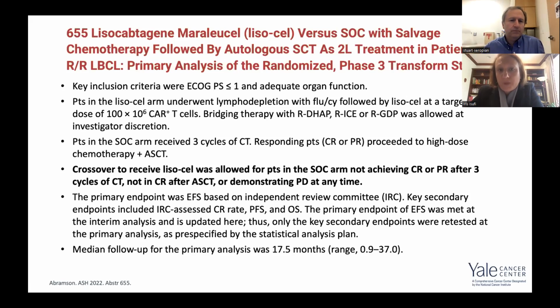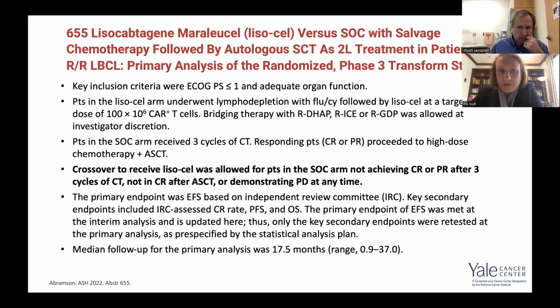And this has already been approved in the third-line setting, and more recently also in the second-line setting for diffuse large B-cell lymphoma. So here they presented their primary analysis of the randomized phase 3 TRANSFORM study, where liso-cel was compared to standard of care with salvage chemotherapy alone.